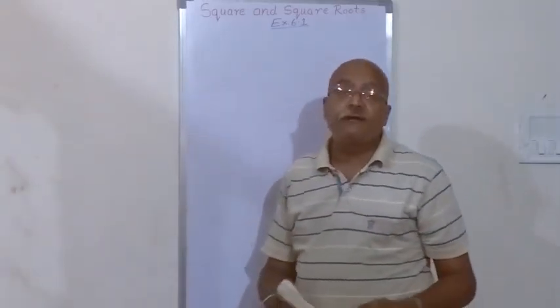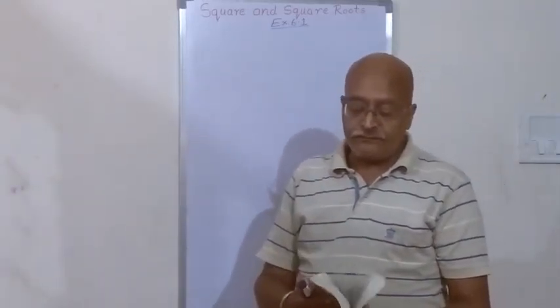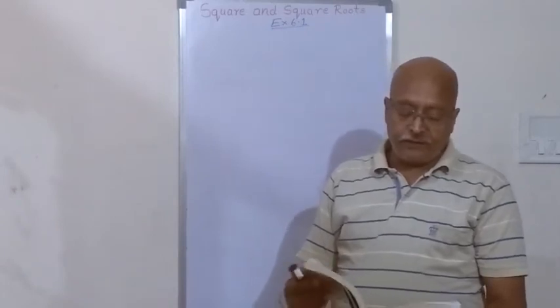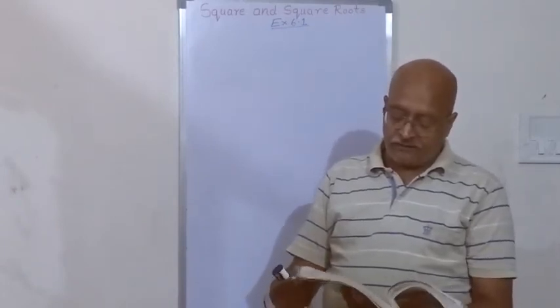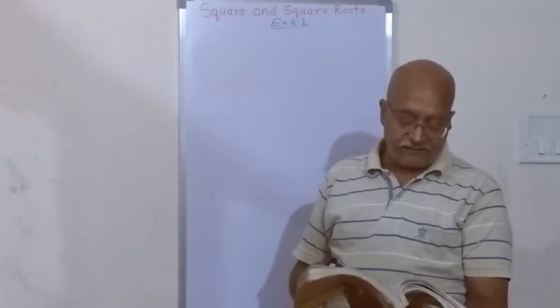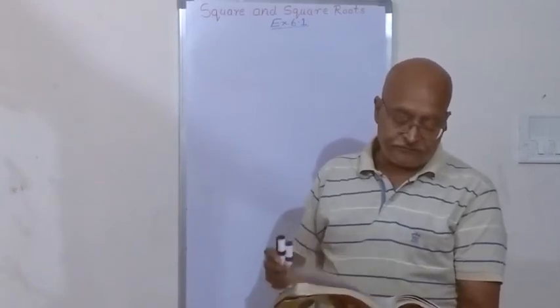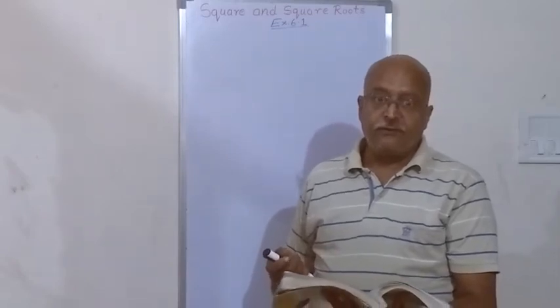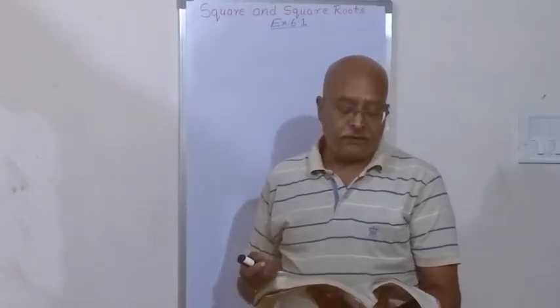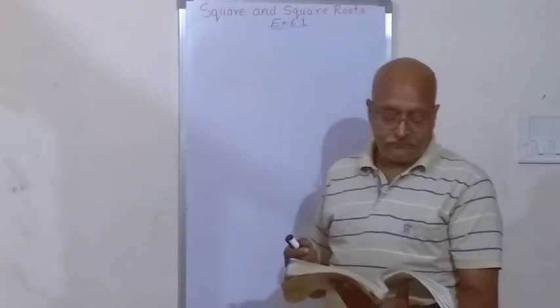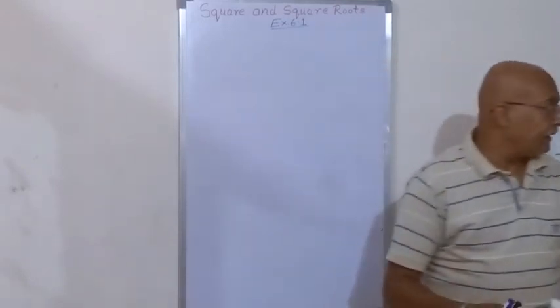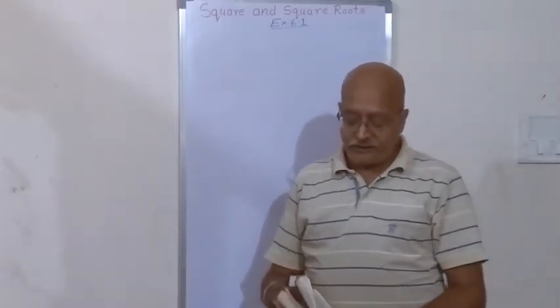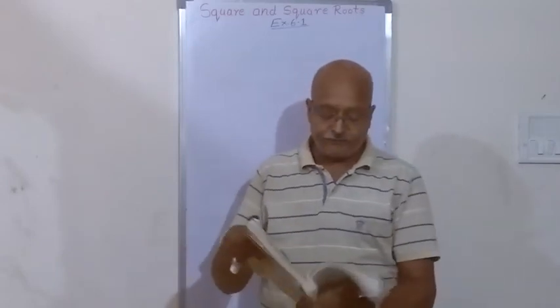Square and square root. Out of that, square we have seen, when a number is multiplied, any number, whether it is an integer or a whole number, when it is multiplied by itself, we get a perfect square number.